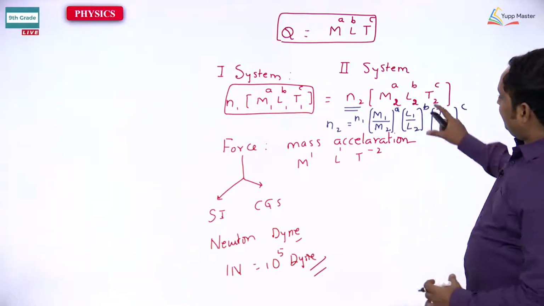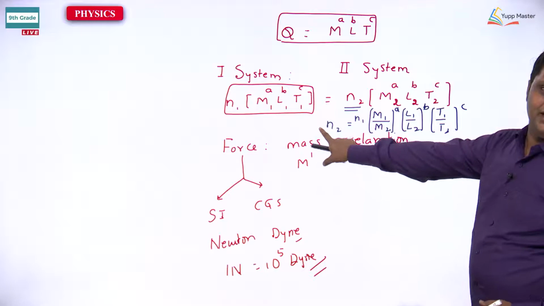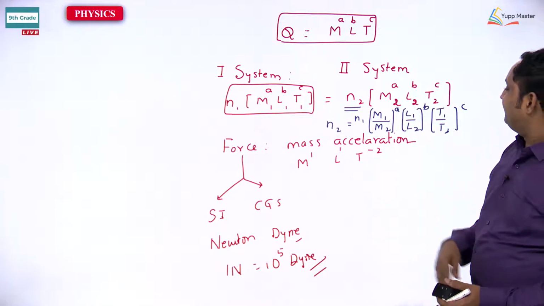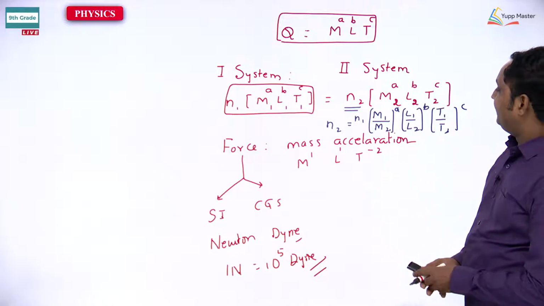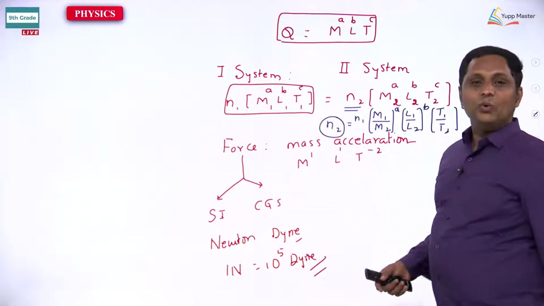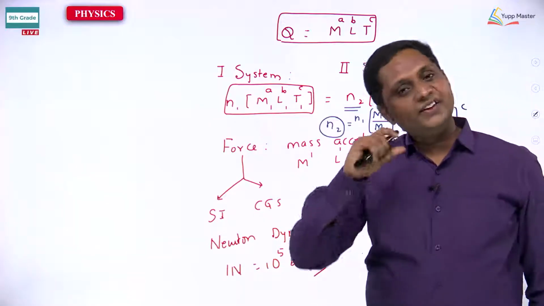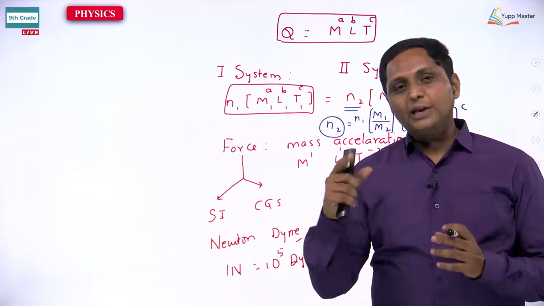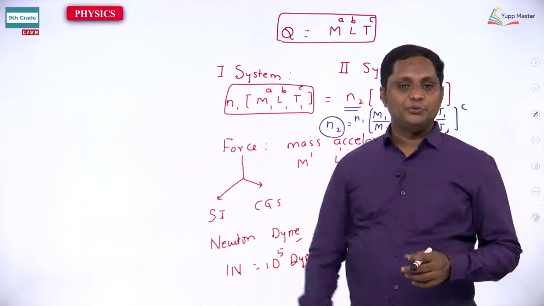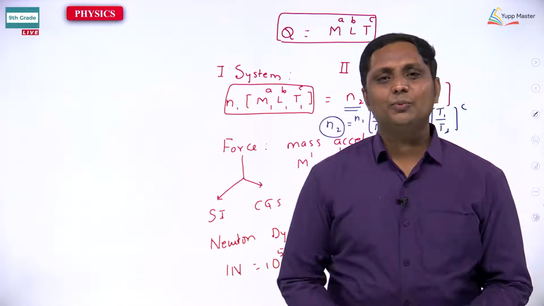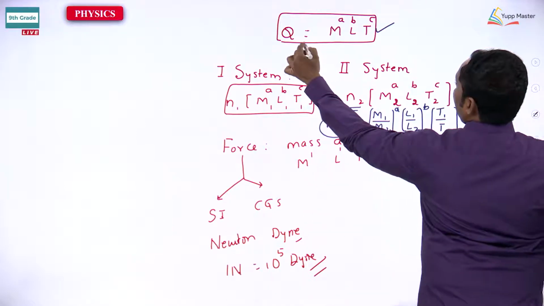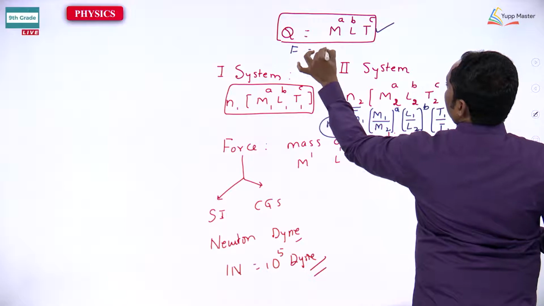It is very clear, we are going to express one system of units into another system of units. n2 is the value of the derived quantity in the new or second system. If you know the value of one derived quantity in one system of units, you can convert it into another system also, but you must know the relation, this is very important.